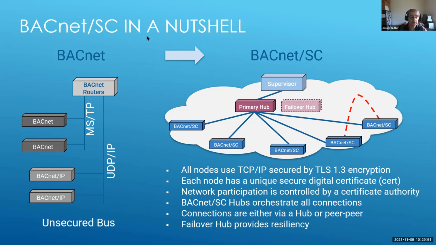So if you look at the left side of this slide, you see sort of a cartoon representation of what a BACnet network might look like today, with numerous BACnet devices connected to MS/TP. That's a low-speed network, twisted pair wiring.